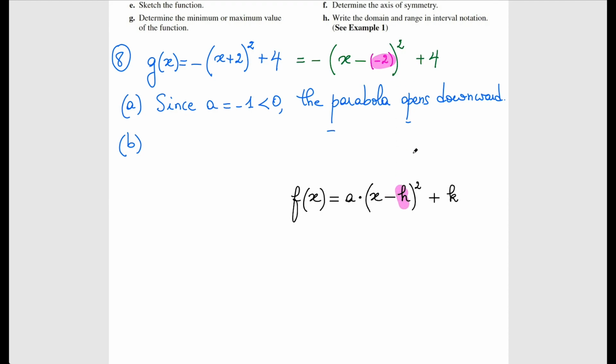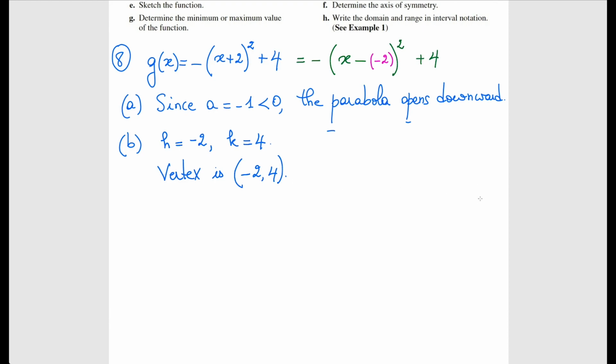So h is -2. And how about the k? k is this constant part as long as there's a plus here. So I have the plus, so k must be just 4. So k is 4. So the vertex is simply h comma k, which is -2 comma 4. Agree with that? So we get this. Okay. All right. Part C.